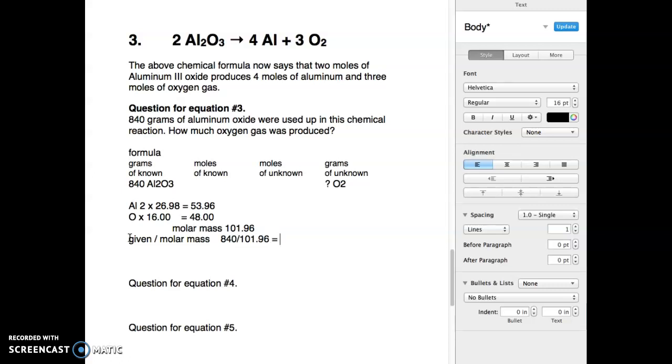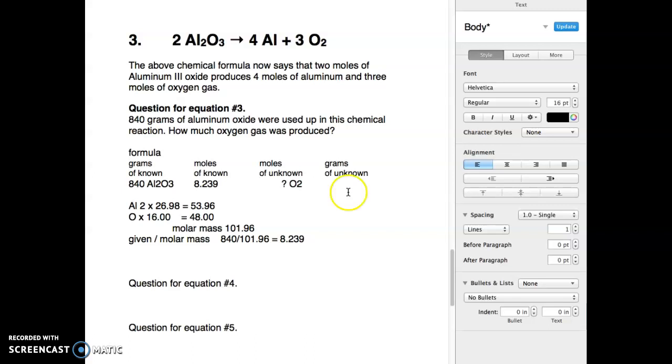This gives you the number of moles of your known. That comes up to 8.239. So that's the number here. Always round it off to 3 decimal points while you're doing it, or you're going to come up with a messed up number. It's going to be rounded differently. Let's all do the same thing.